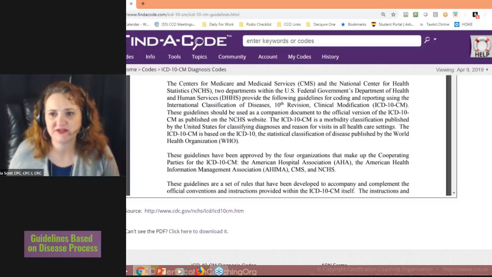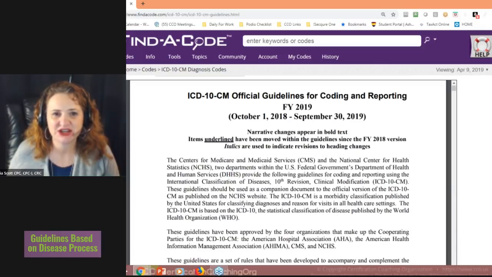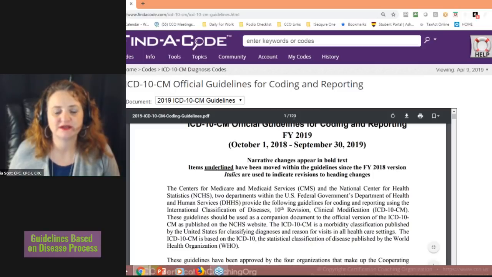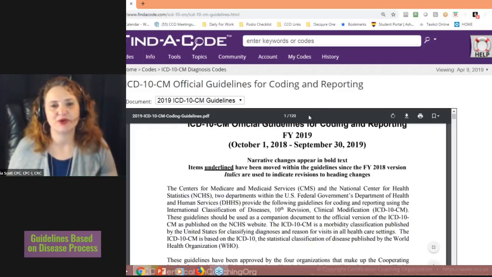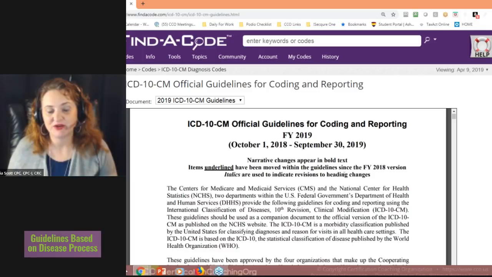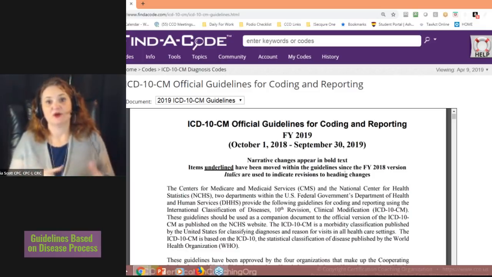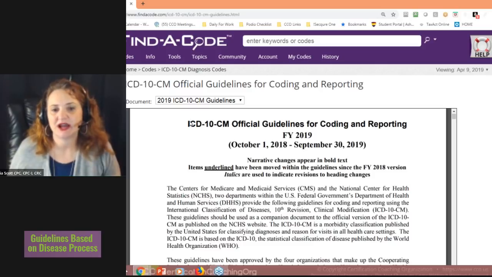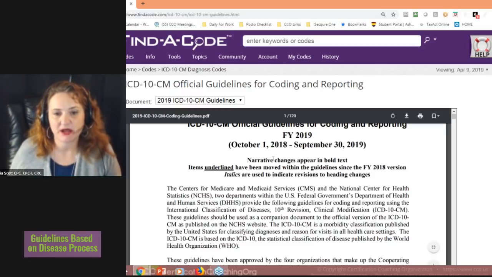Let me look. 117 pages of guidelines. Last time I printed it off, it was 117. But still, if you want to, you could print those off. It'd be easier to carry around those and study than carrying that big ICD-10 manual. So this is exactly where I got the beginning that we talked about.